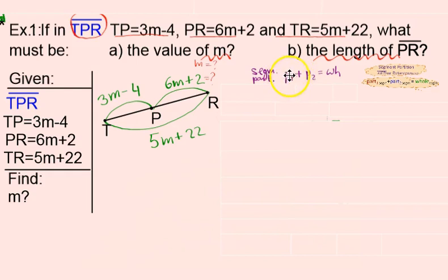So, using the substitution for the first part, we will express it in geometric terms: TP, second part PR, and the whole is TR. Then we'll continue the substitution in algebraic terms, since TP, according to the given, is expressed as 3m minus 4 and PR as 6m plus 2.